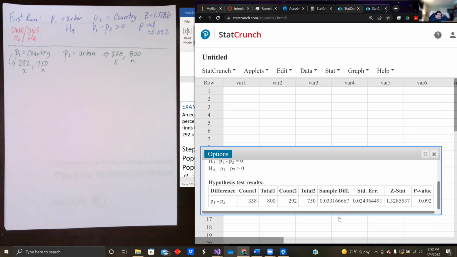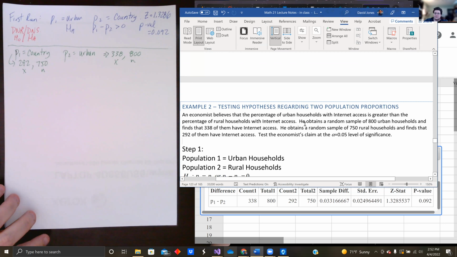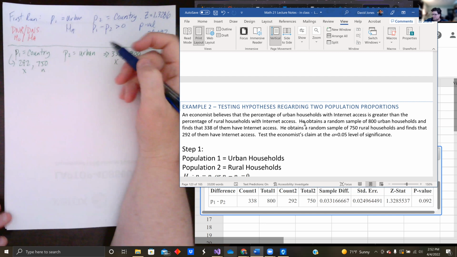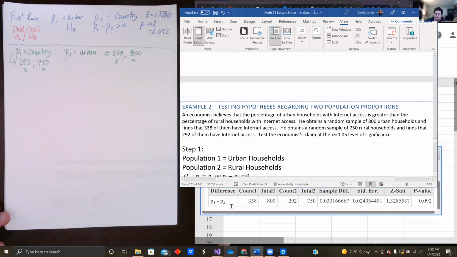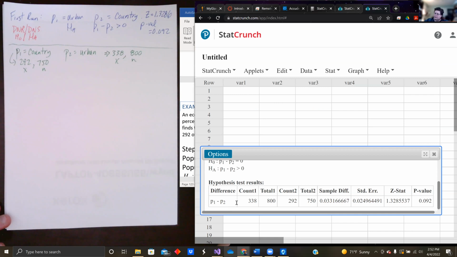Now the sentence said, the percentage of urban households with internet access is greater than the percentage of rural. And I need to make sure I have P1 on the left and P2 on the right.